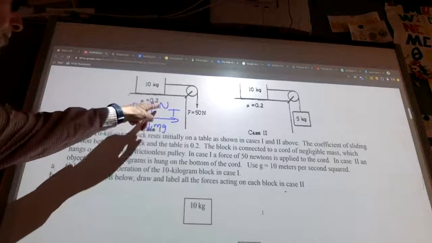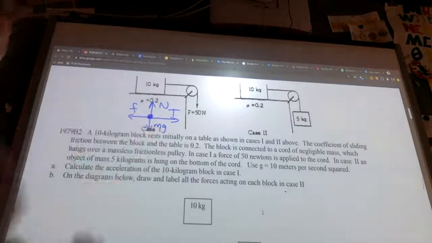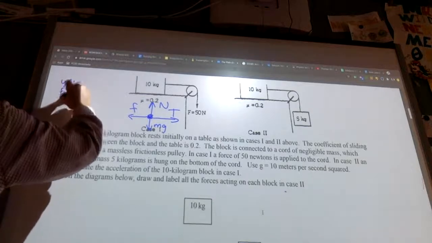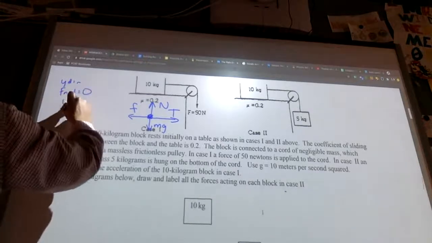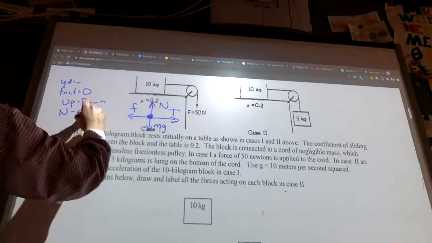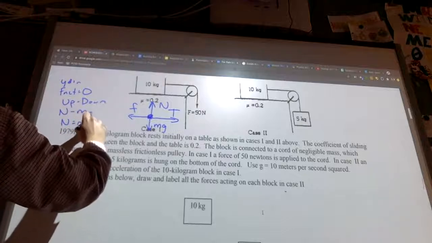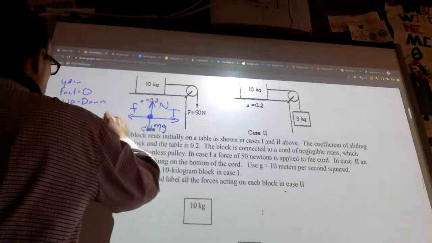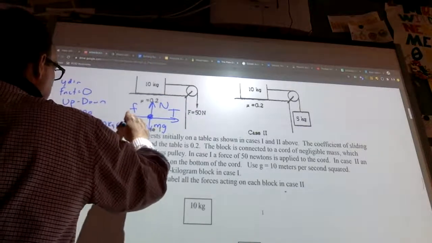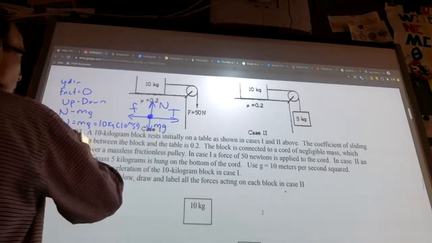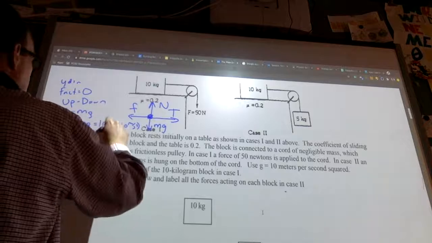I need to find the normal because I need to find my force of friction. So in the y direction, fnet is equal to 0. So I take my forces up minus down. So this is going to be n minus mg. So n is equal to mg, and that's going to be 10 kilograms times 10 meters per second squared, or 100 newtons.